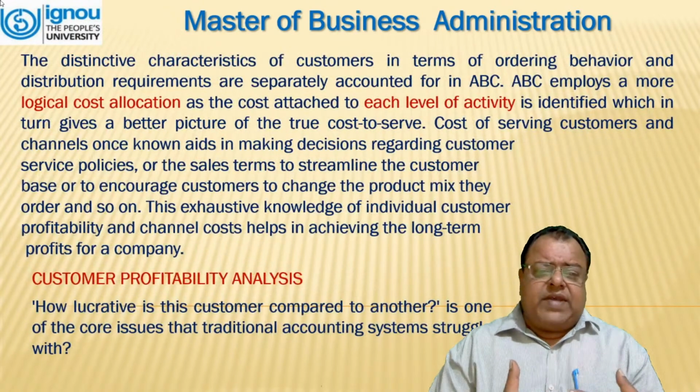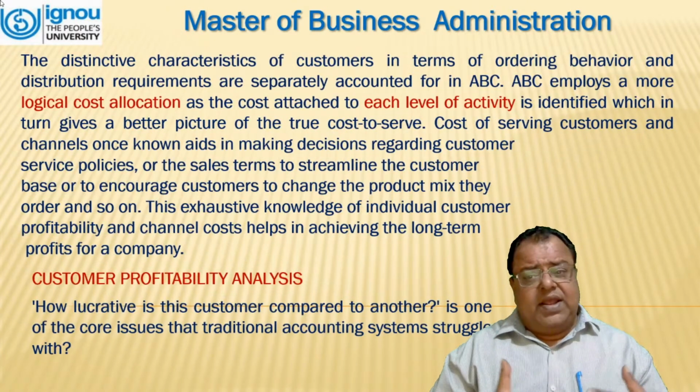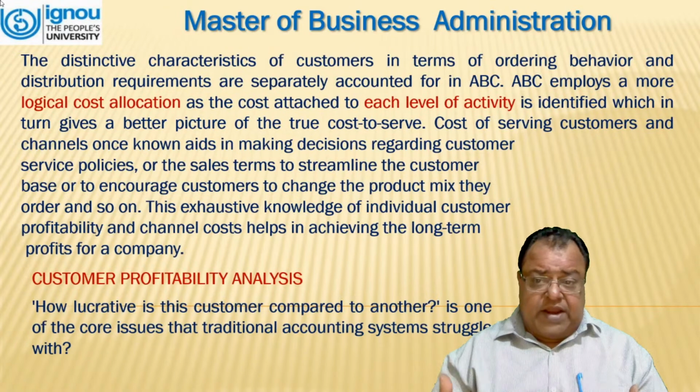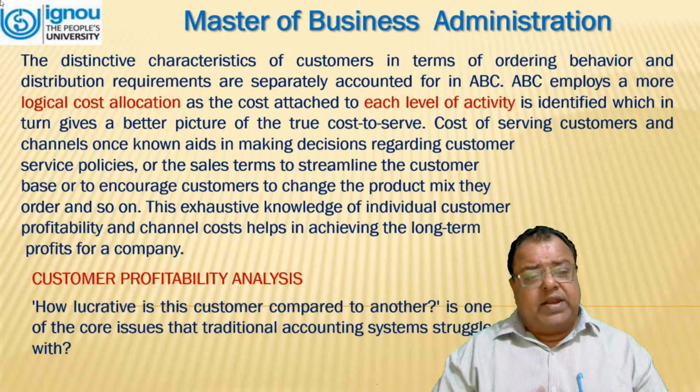The distinctive characteristics of customers in terms of ordering behavior and distribution requirements are separately accounted for in ABC. ABC employs a more logical cost allocation as the cost attached to each level of activity is identified, which in turn gives a better picture of the true cost of service.